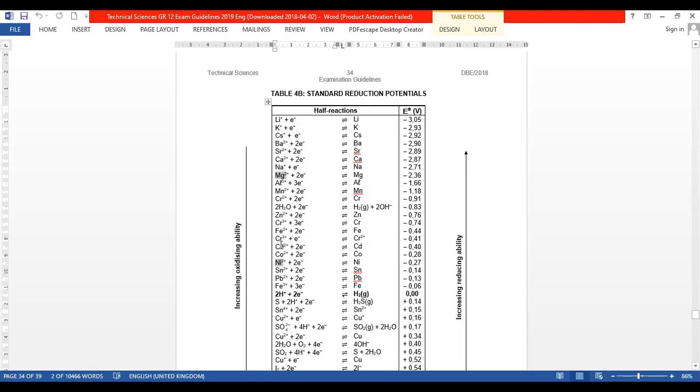So if a galvanic cell is made up of a magnesium electrode as well as a nickel electrode, and magnesium ions electrolyte and nickel ions electrolyte, then reduction will be by nickel ions and oxidation will be by magnesium. So the one that is on top of the other one will undergo oxidation, the one at the bottom will undergo reduction. So you just look at the species that you are comparing, right?